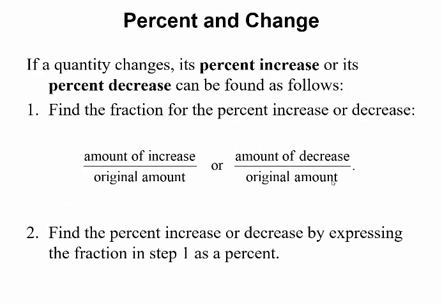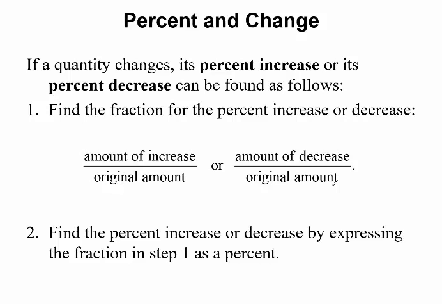Okay, so let's talk about when prices change. If a quantity changes, like maybe price, its percent increase or percent decrease can be found as follows. You want to find the fraction for the percent increase or decrease. If it's an increase, you take the original amount, put that in the denominator, and in the numerator you put the amount of the increase. Or you take the amount of the increase and divide by the original amount.